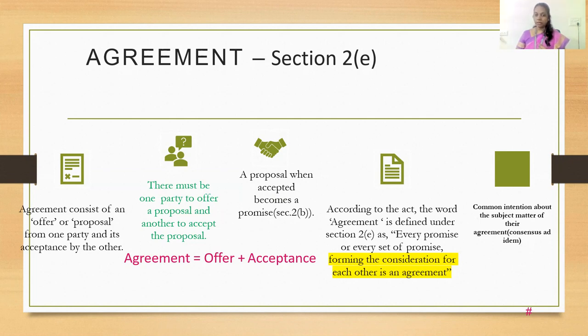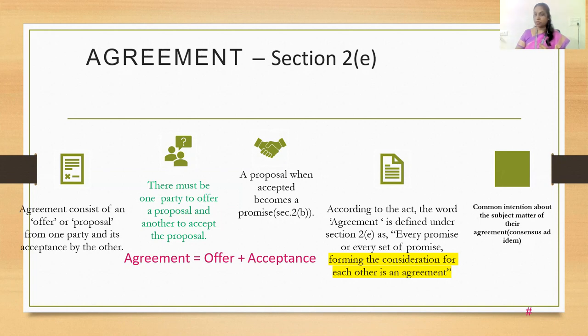So, what is this agreement? Agreement is nothing but an offer or a proposal that is being made by one party to another party, and the other party accepts that particular proposal. So, when a person signifies his willingness to enter into a contract with another person and the other person gives his consent to this contract, then we call it an agreement.